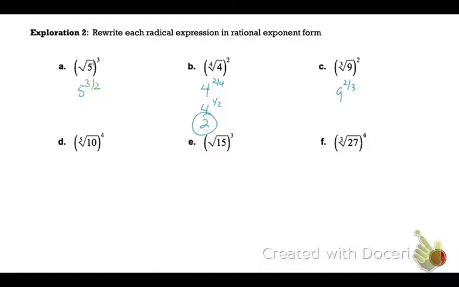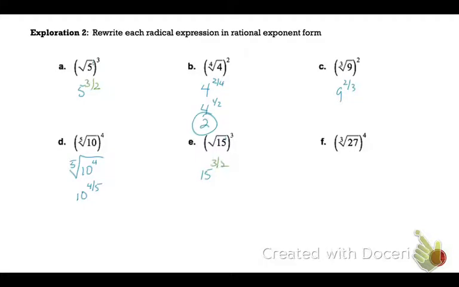So the 5th root of 10 raised to the 4th power is the same thing as 10 raised to the 4/5 power. Now I wrote this as the 5th root of 10 to the 4th power just to show that the power can go either on the outside of the radical expression or inside. All right, E. So I might have done this one wrong as well. I did.